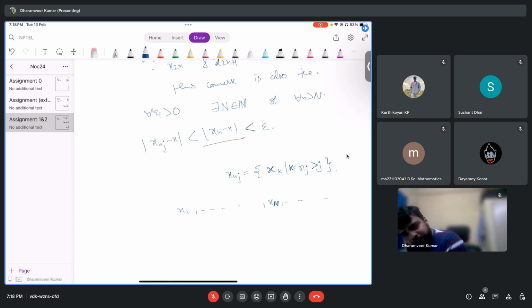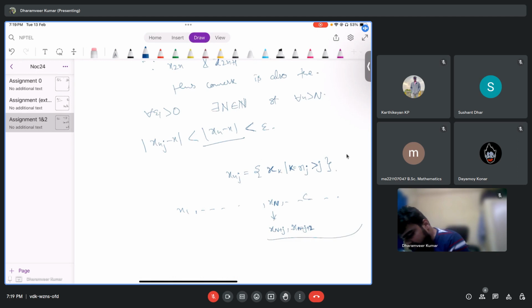So whenever you are taking a subsequence, at the nth place, you will always have n plus something, always a term after that. Then again it will be nj plus 1 or plus 2 or whatever. It will always be greater than those numbers.